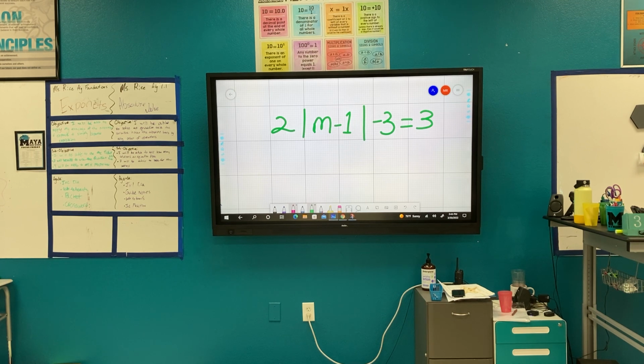Okay, how do I get rid of it? Is this being added, subtracted, multiplied, divided? Is it being added? Hey, look at the difference.